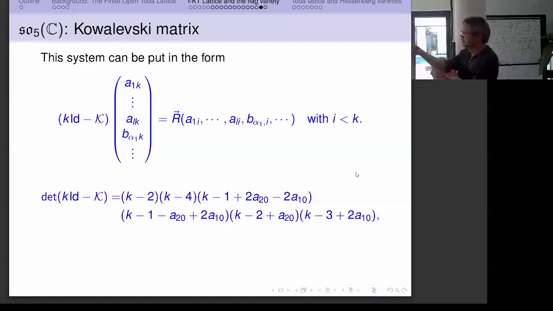And the eigenmatrix of this K, you see here, 2 and 4 are always constant. They don't change according to the initial conditions, because those are the degrees of the Casimir invariants. The other ones depend on the initial condition.